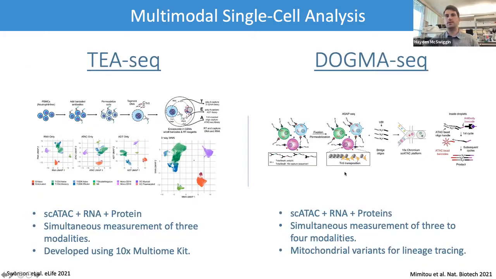So I think this is kind of magical, and I think in the next couple of years, increasing the modalities and increasing the number of cells that we can process will allow us to gain a lot of cool insights into what's happening at the single cell level and integrating a lot of these epigenetic factors to really understand the whole systems approach to what's going on at the single cell level.